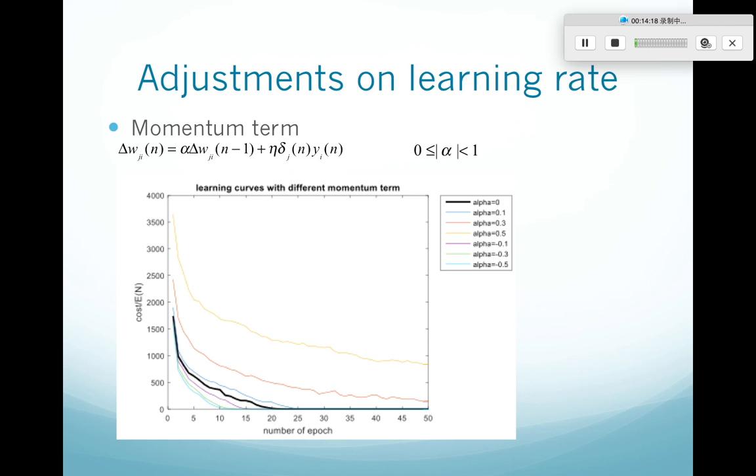The next step is to adjust the learning rate, to find a better way to define the learning rate. The first method is to use the momentum term.